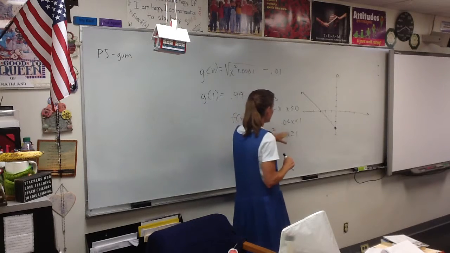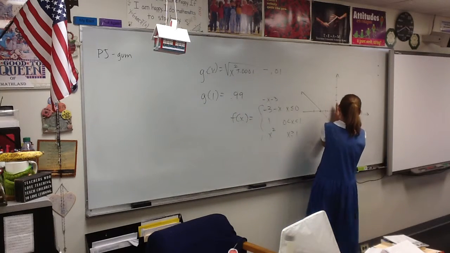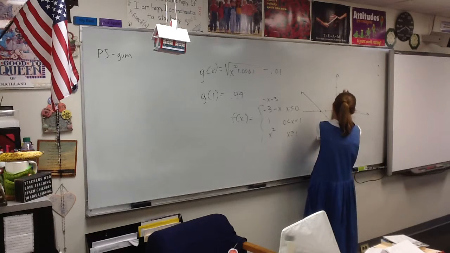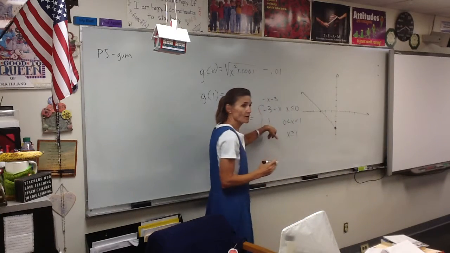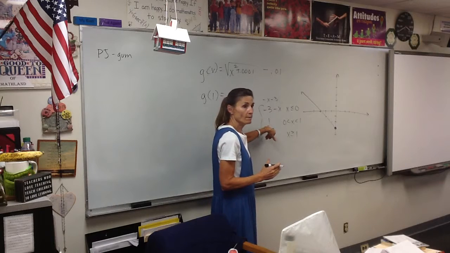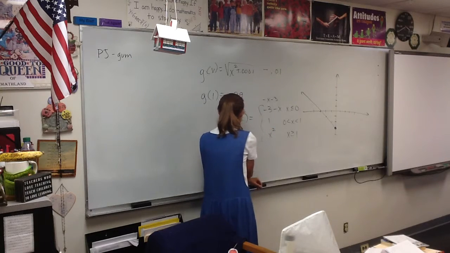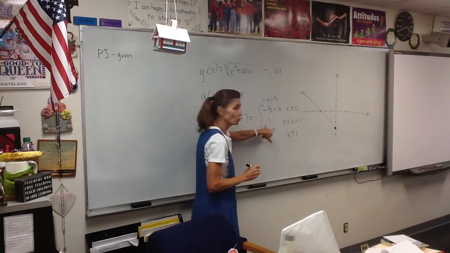Now, in between 0 and 1, just this little section right here. Here's where x is 0, here's where x is 1. So in between my hands, what are the y values? This says y equals 1.